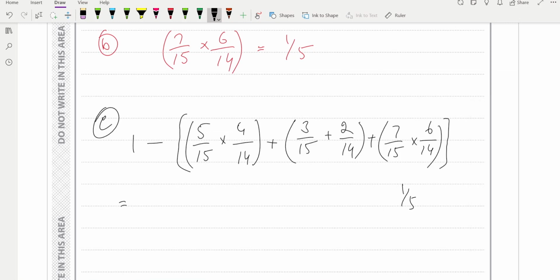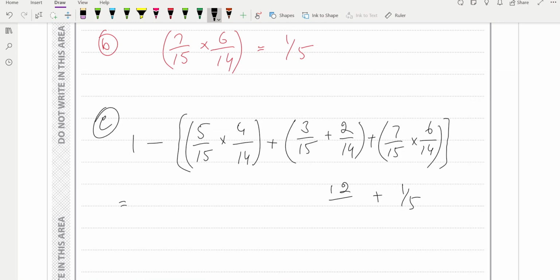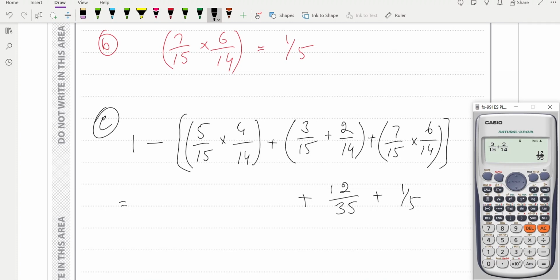This will be 1 over 5, and plus we can check for this one, 3 over 15 plus 2 over 14. For your explanation I'm doing this, 12 over 35. So 12 over 35 and plus the last, third one is 5 over 15 multiplied by 4 over 14.